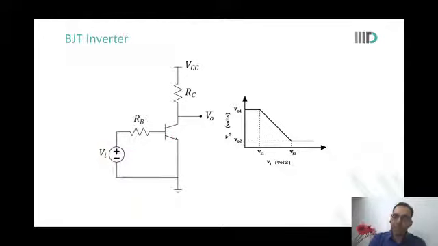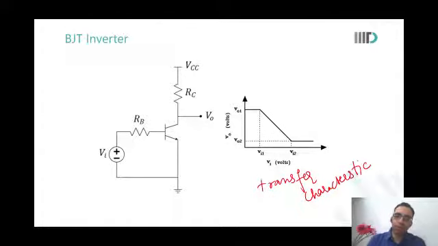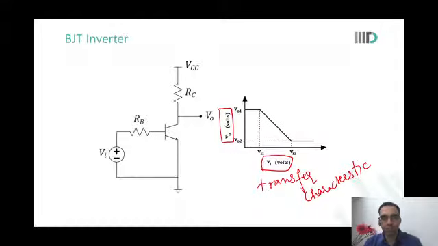And this is the transfer characteristic. What does it mean? How will a change in VI transfer to a change in V out? That's why it's called the transfer characteristic.